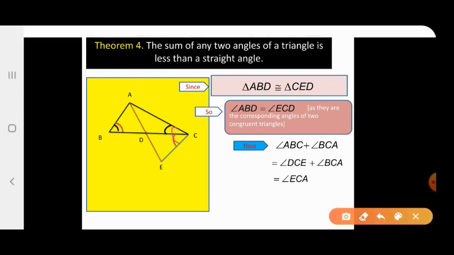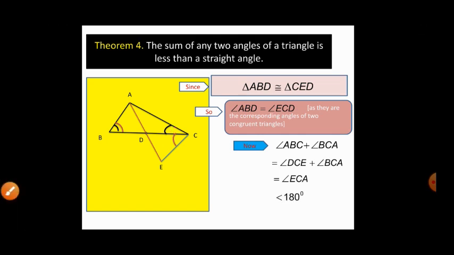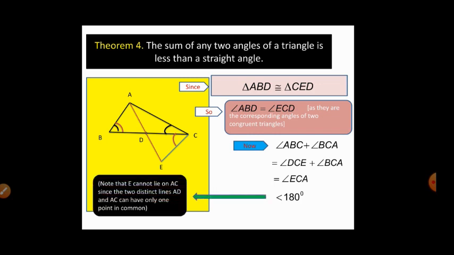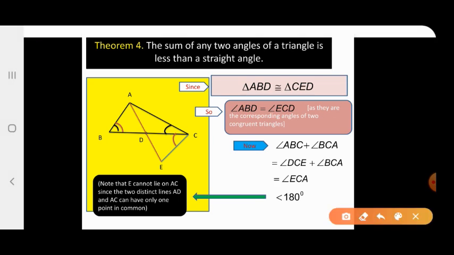angle ECA must be less than 180 degrees. So this angle is less than 180 degrees because the angle ECA cannot be 180 degrees.